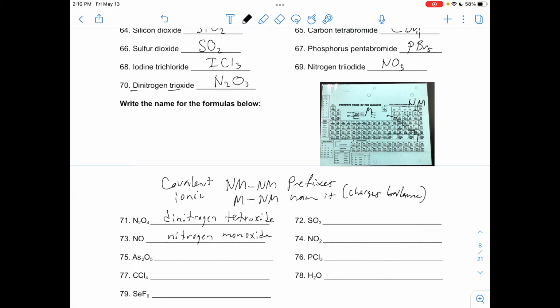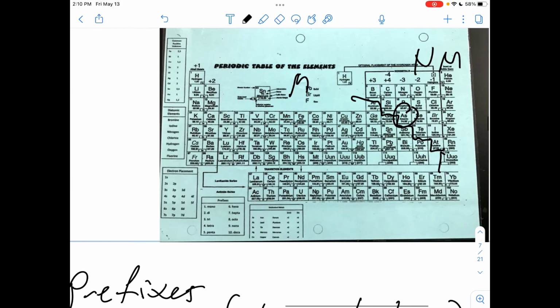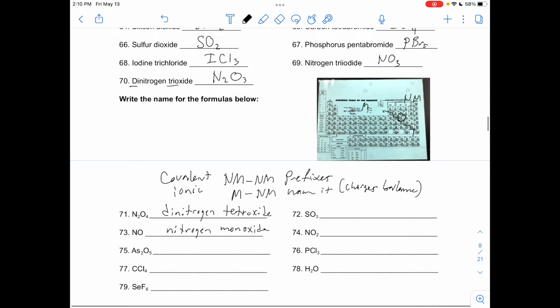Nitrogen monoxide. Okay, next is As2O3. Again, As is a nonmetal. Okay, and As is arsenic. So diarsenic pentoxide. Okay, next one, carbon.